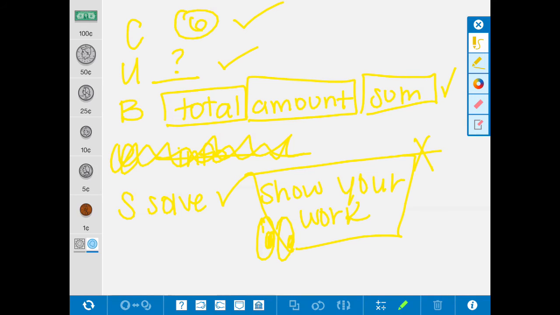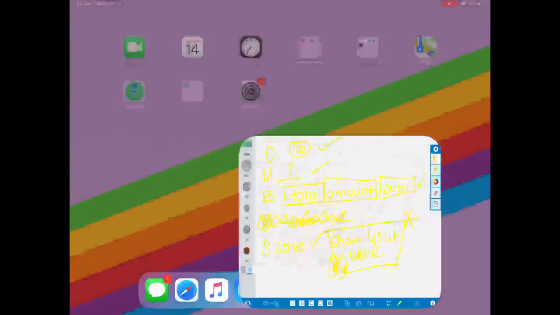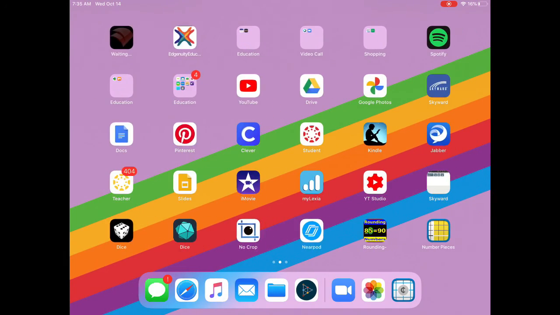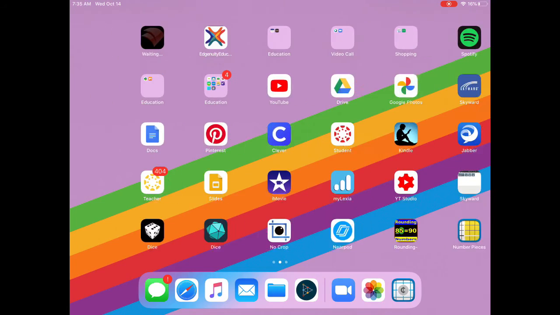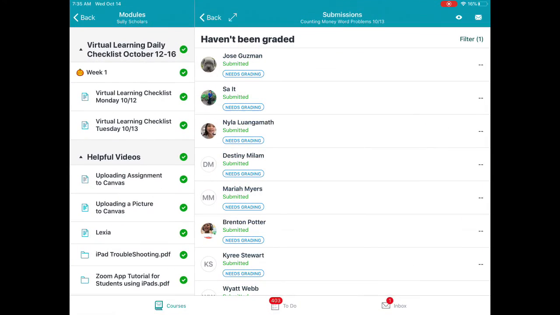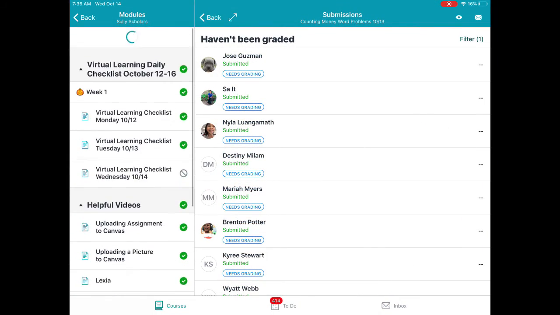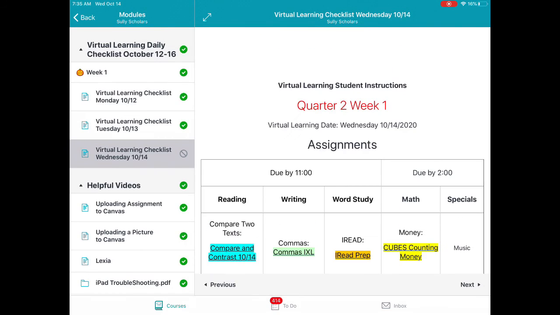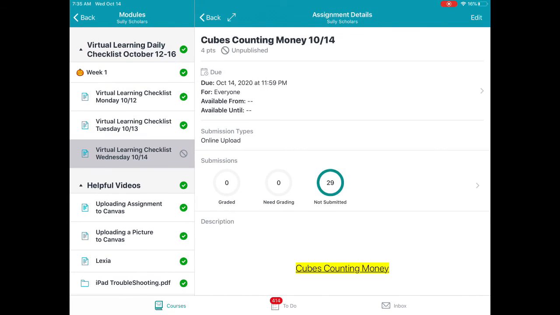We talked about it yesterday. I want to see how you're coming up with your answers. When you're finished, there is plenty of space on the left-hand side. I'm going to show you. You are going to go to your daily checklist, CUBES counting money.